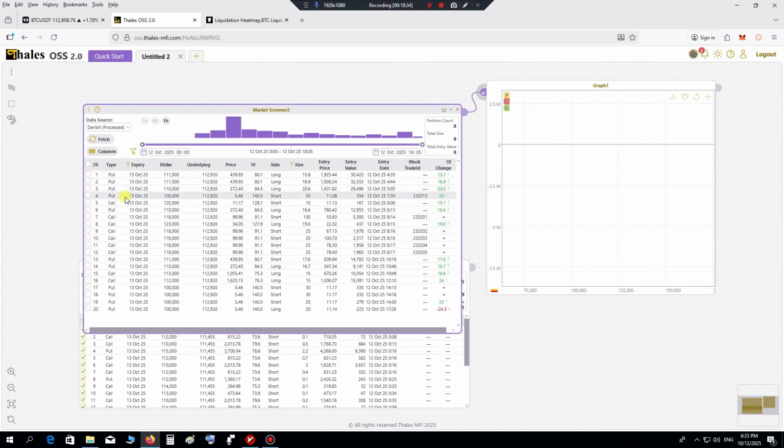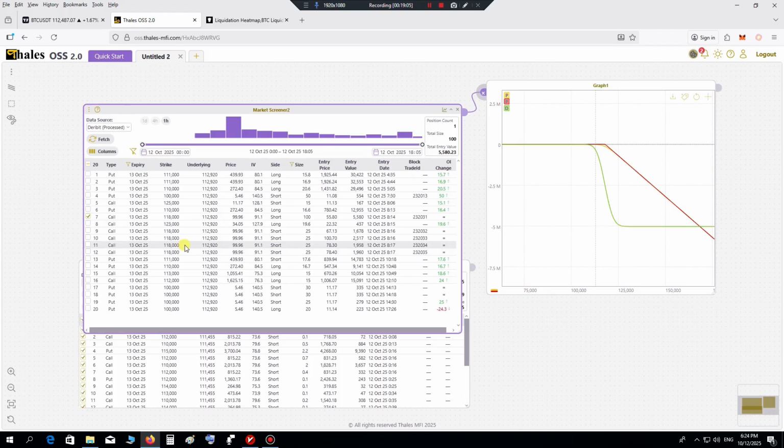Now, we don't have block trades, but we do have a block here, 50 Bitcoin, a short put at 100,000. Here, there's a 100 Bitcoin short call at 118,000. 118,000 is resistance. There's a base of 25, 2, 3 for block trades, blocks of 25 Bitcoin short calls for 118.